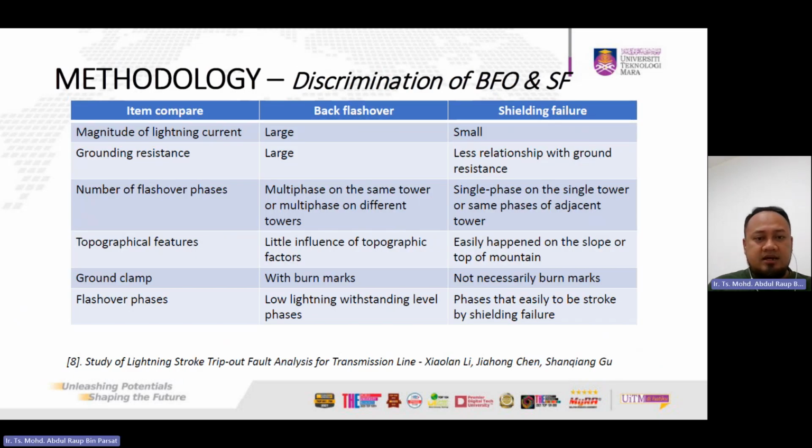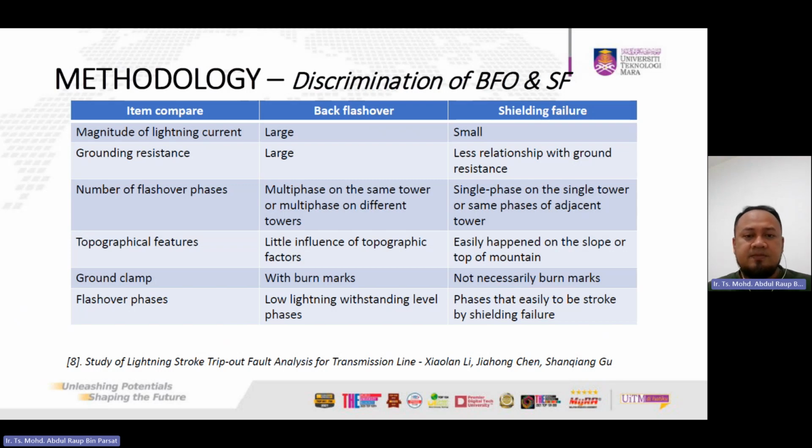Okay, next is the discrimination of back flashover and shielding failure. There are six items to be compared. Item number one is the magnitude of the lightning current. In back flashover, of course, the lightning current is large, but in shielding failure it is small.